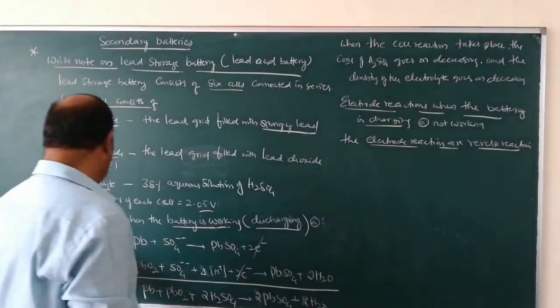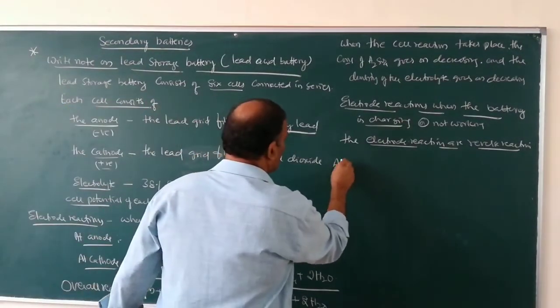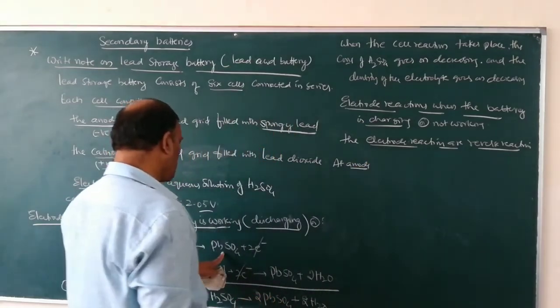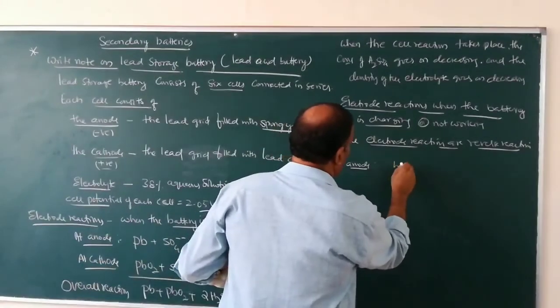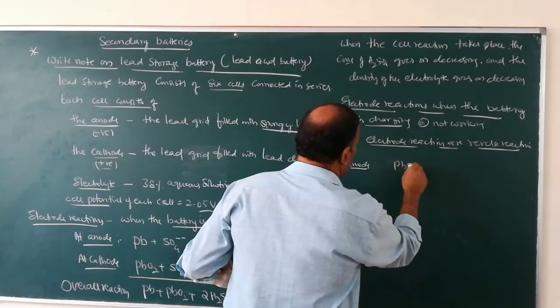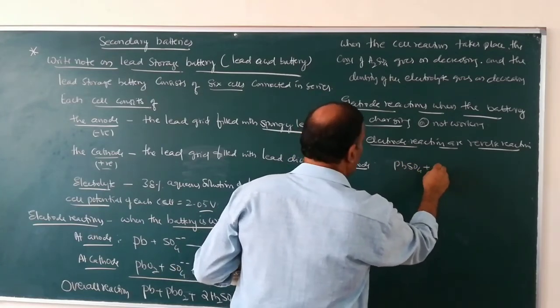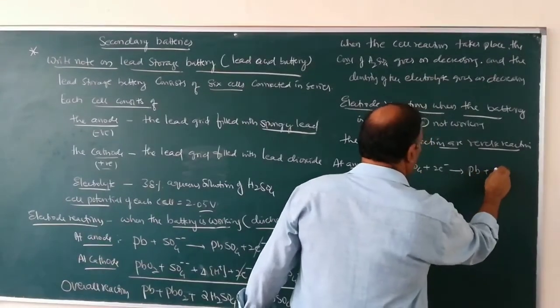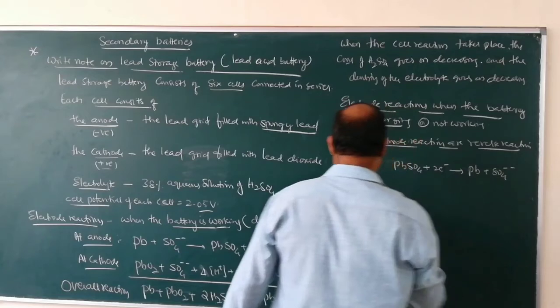So what happens at anode? At anode, you have to reverse this reaction: PbSO4 plus 2 electrons gives Pb plus SO4 2 minus.